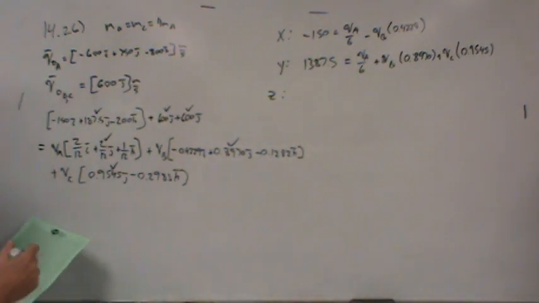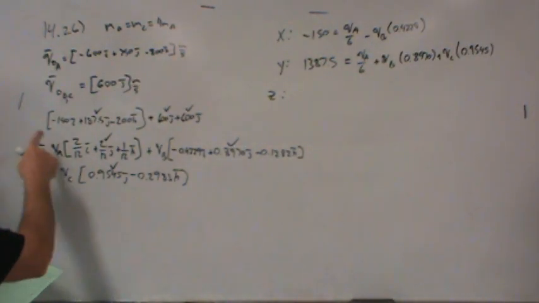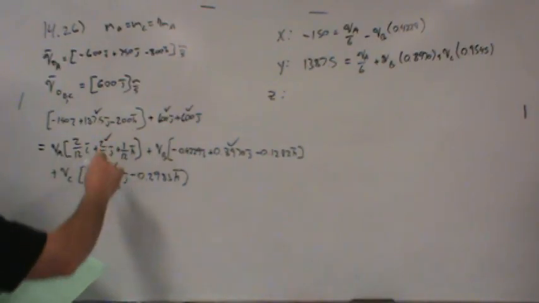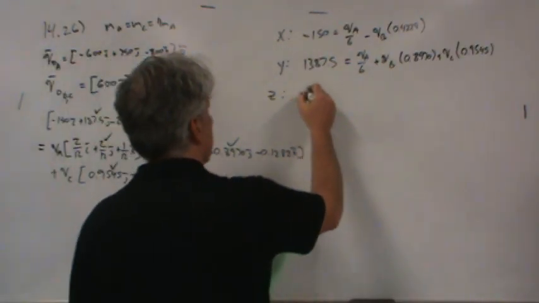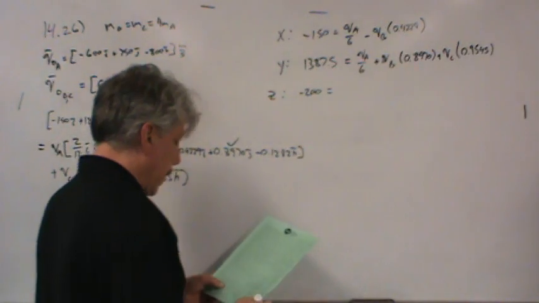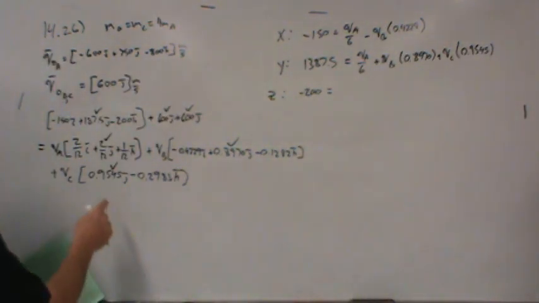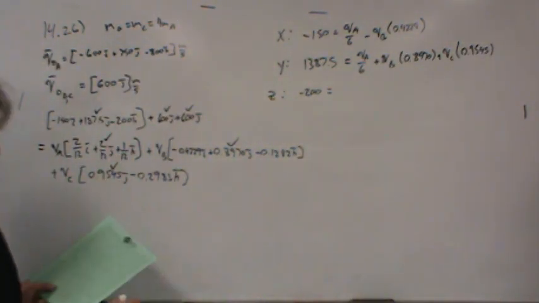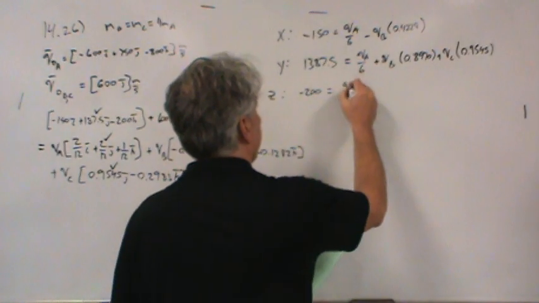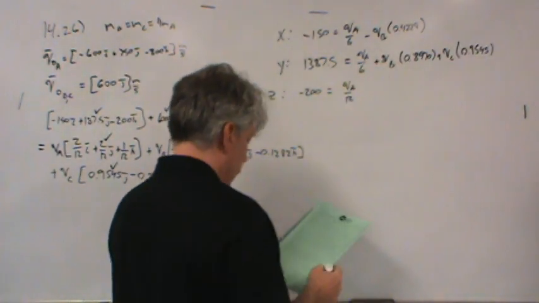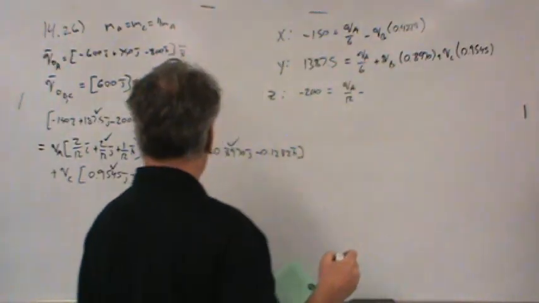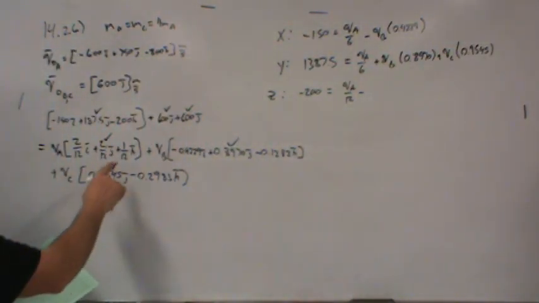Last equation we can extract is the z equation. On the left-hand side, we'll have just negative 200. And that equals on the right-hand side, where's all my k terms? Well, a 1/12 of VA. And the next term comes from VB.